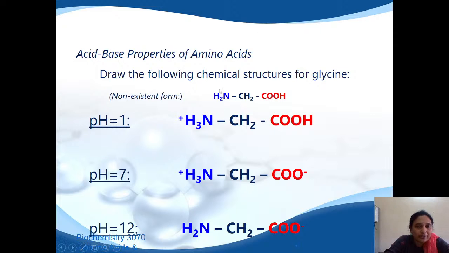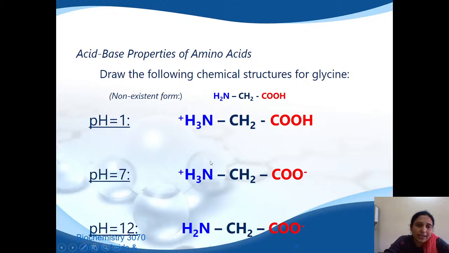The amino group can accept a proton, so it behaves as a base and forms a positive charge, a cation. So amino acids in aqueous solutions are ionized and act as acids and bases.